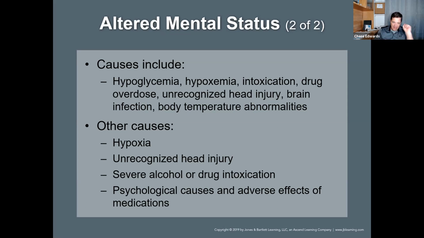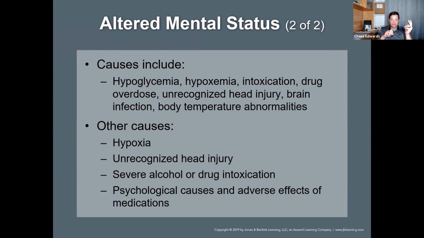If you come across a patient that has altered mental status, whether it be from seizure or from whatever, medically, you almost guarantee you're going to have to get a CBG on that patient. So you've got to consider hypoglycemia in all those altered mental patients.